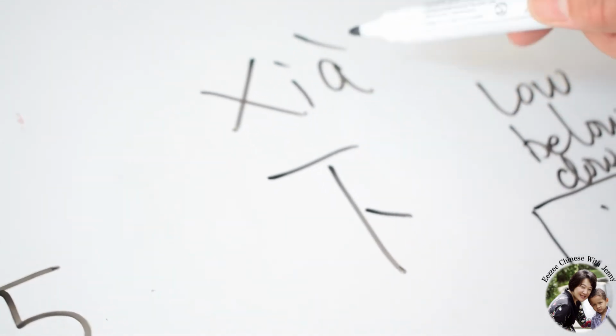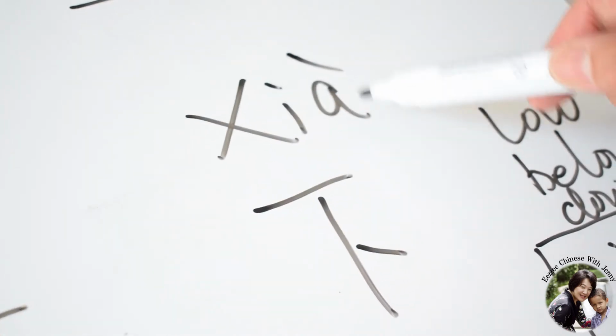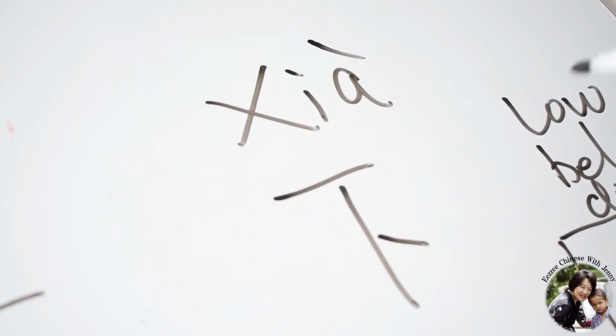So then it makes sense. This shape means low, below, or down. And the pronunciation is xia, the fourth tone. Right, like this. First, second, third.